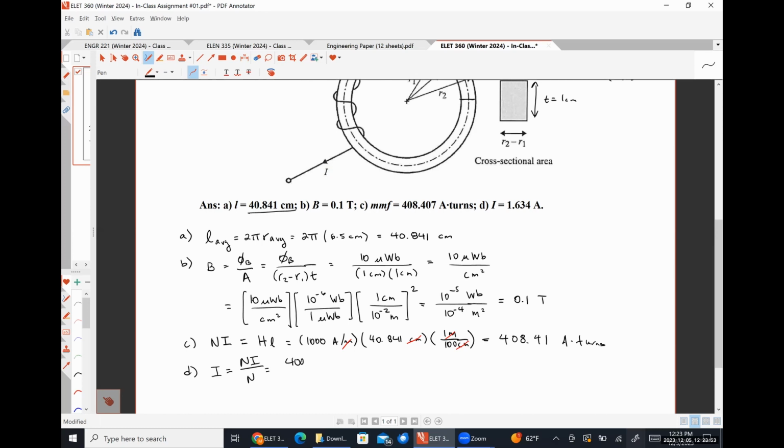So 408.41 amp turns divided by 250 turns gives us 1.6336 or 1.634 amps. So that's the current carried in our coil in order to sustain that flux of 10 microwebers.